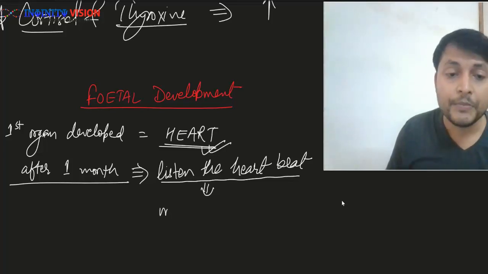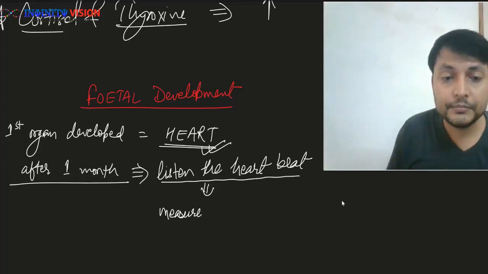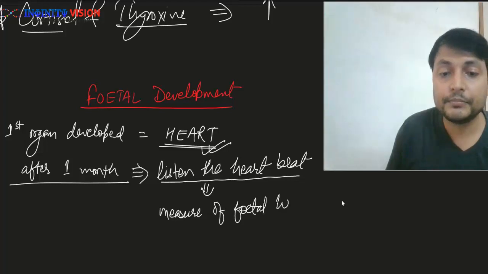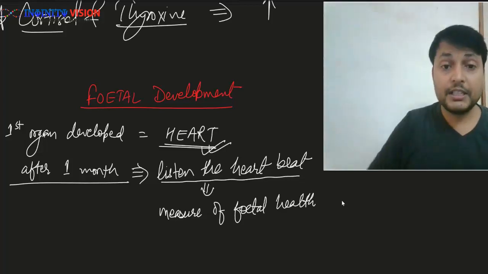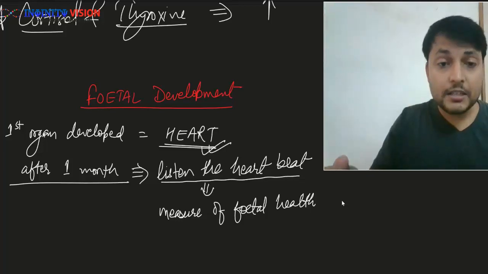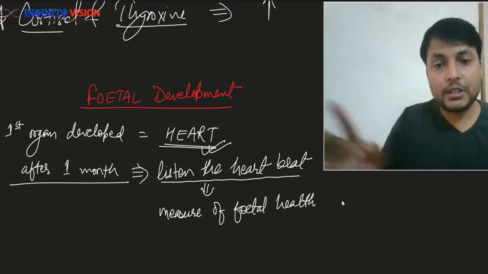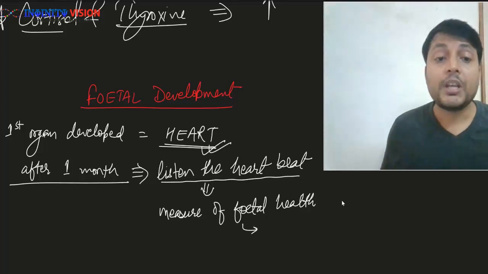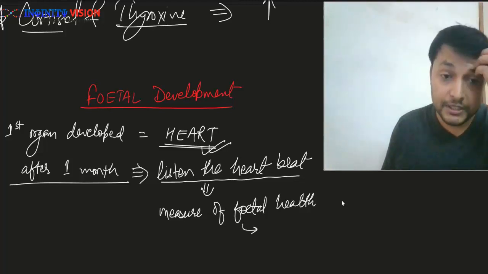This heartbeat is actually a measure of fetal health. If the doctor can listen to the heartbeat, the development of the fetus is going well. What they actually count is the number of heartbeats.